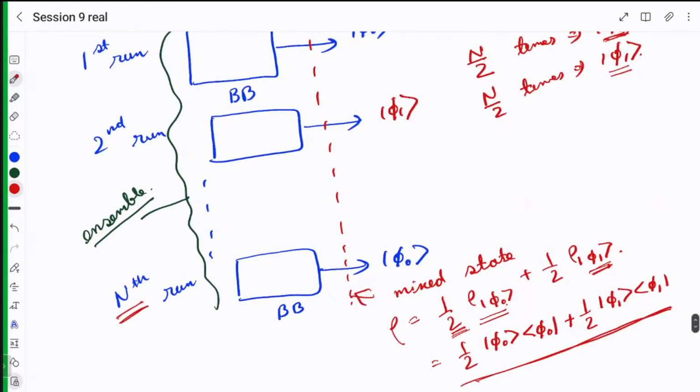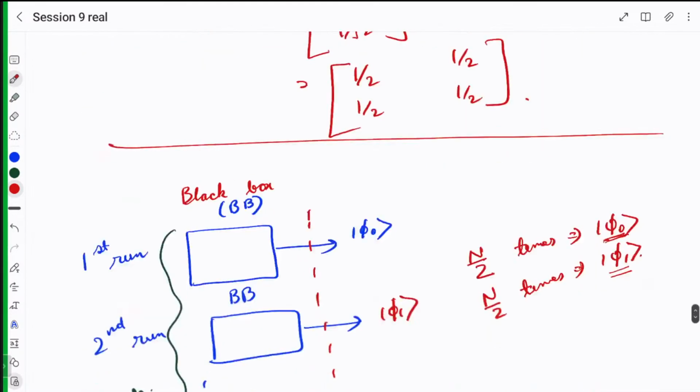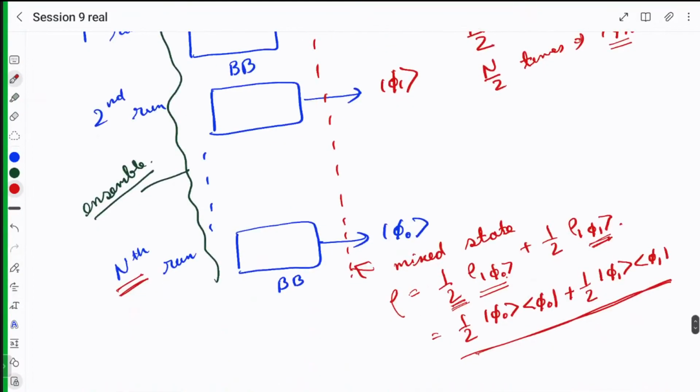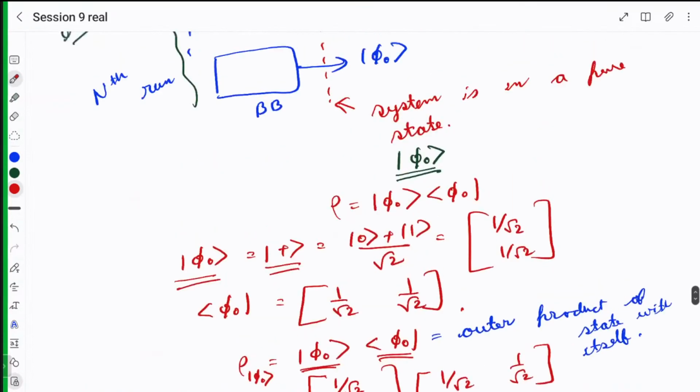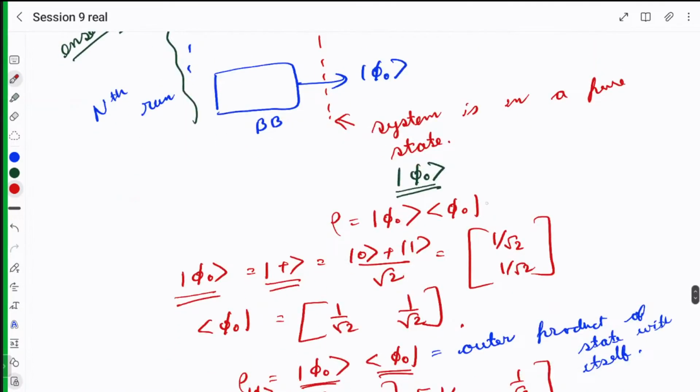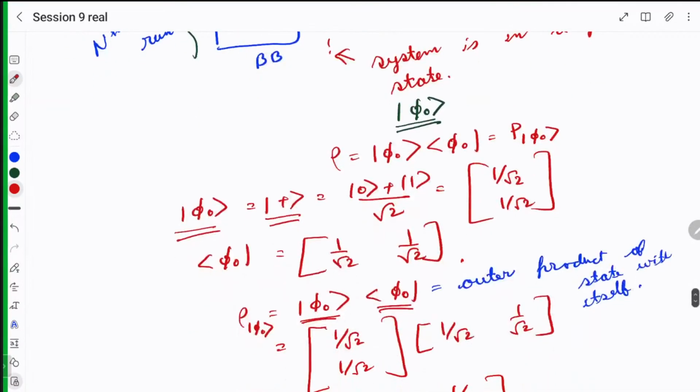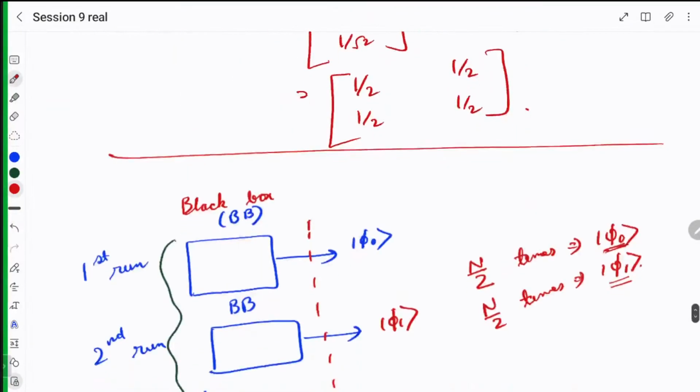Yeah, that's a very good question. What is the difference between a projection operator and a density matrix? For a pure state, there is no difference, because this is nothing but P phi naught. So for a pure state, the density matrix and the projection operator are the same.